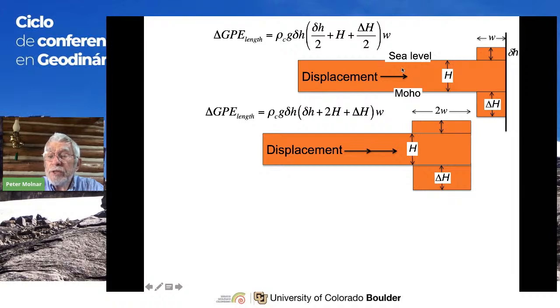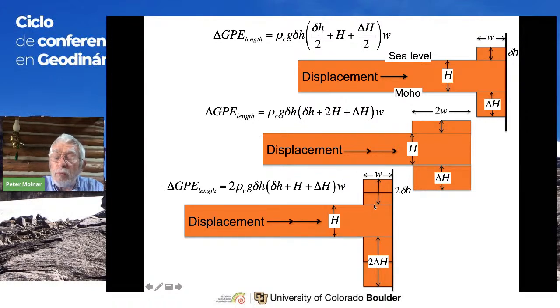So we displace this another increment so that we now have a range that's twice as wide, same height, same thickness of crustal root. Well, the gravitational potential energy per unit length coming in and out of the screen is twice this. It's twice as wide, multiply W by 2. And so all of these terms get multiplied by 2, and you have this formula. Compare that with raising the mountain range to twice its height.